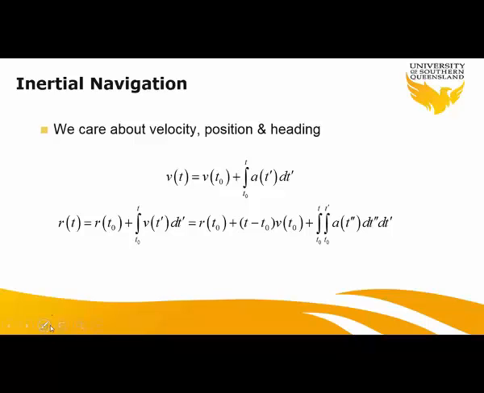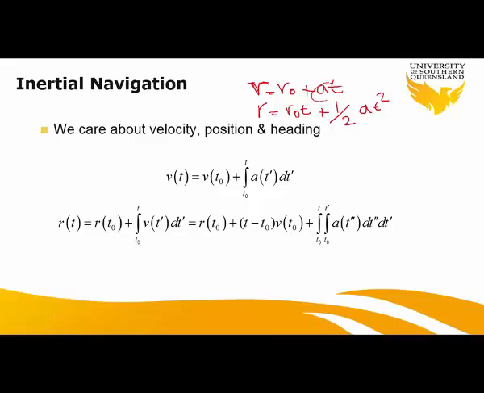If you remember from physics, we can write velocity as an initial velocity plus acceleration times t. And then we have a similar thing for the position or displacement of the object, which can be written as initial velocity multiplied by time plus half of the acceleration times t squared.